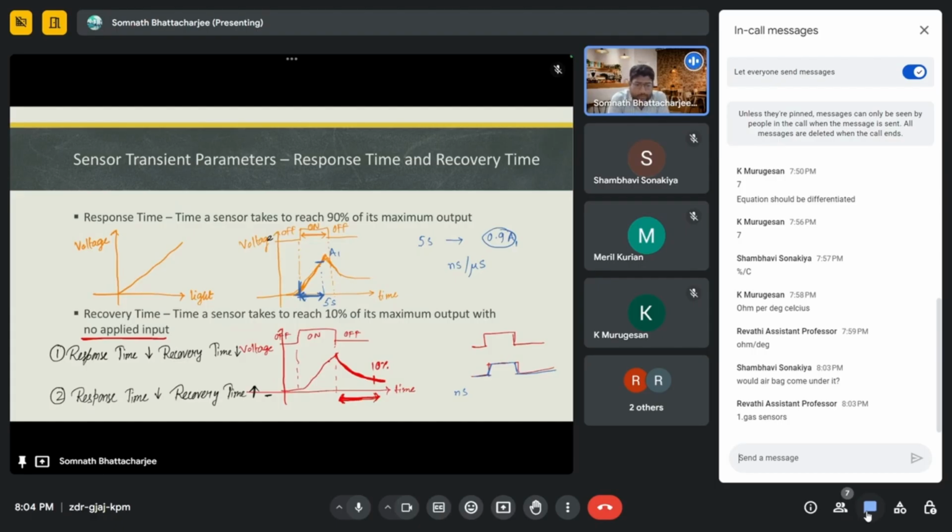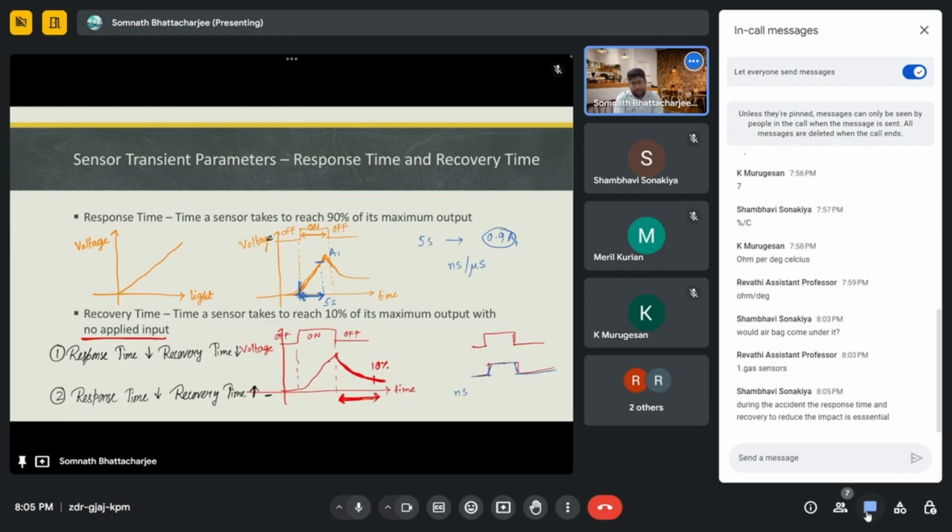So, yeah, airbags is a good one, but can you explain a bit? During the accident, the response time is very much necessary, right?